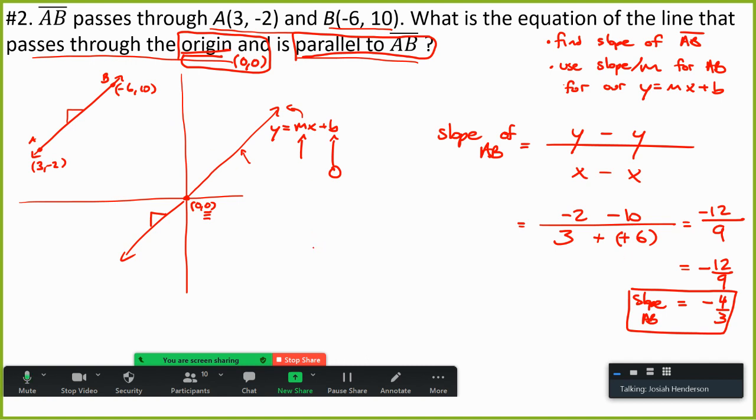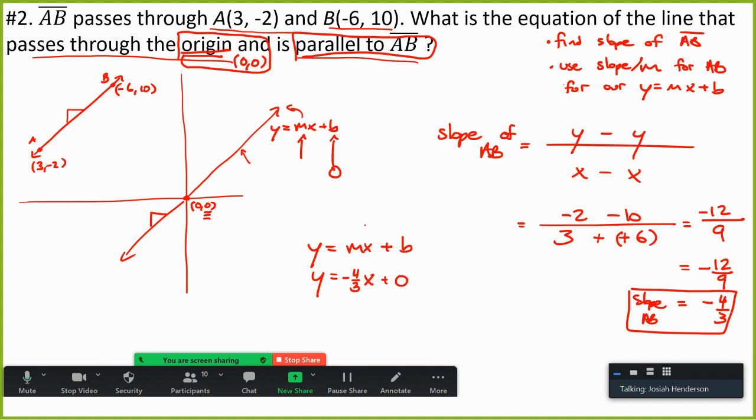So now we have to write the equation, y equals mx plus b. We know b is 0. We know slope is negative 4/3. Remember, when you're writing the equation, we're not actually plugging in anything for x and y.